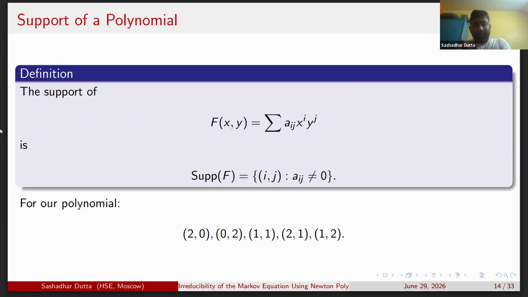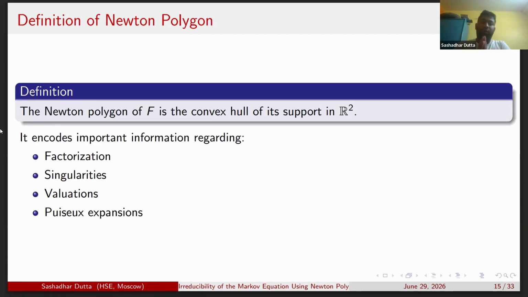Okay, now I want to discuss the definition of the Newton polygon. This is nothing more than putting the support of any polynomial and connecting the points to each other, and it forms a polygon called the Newton polygon.